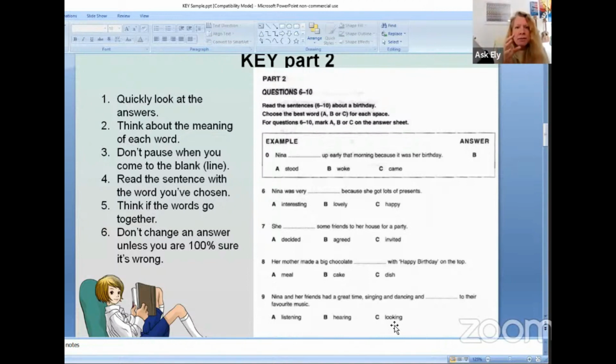It's active. You're actively listening. But hearing is just something that you hear, a noise. You might hear a noise. You might hear someone say, hey. You're not listening for them to say, hey, you just hear it, right? You just hear it. It's a sound.